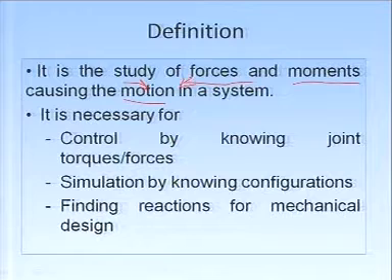Why do we study dynamics? In robotics particularly, we need to control the endpoints by moving the joints. How do we move the joints? We use actuators, say electric motors. If I want to use electric motors, I should know what power I should choose for the motors. To calculate the power of the motors, I need to know what torque is to be applied to achieve that motion, plus at what speed I want to rotate.